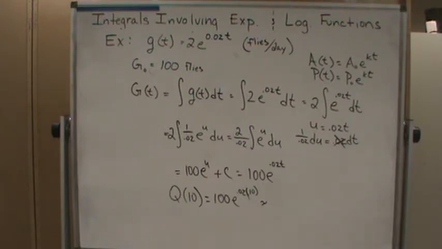We do e to the 0.2, and then multiply that by 100. And we get approximately 122.1.